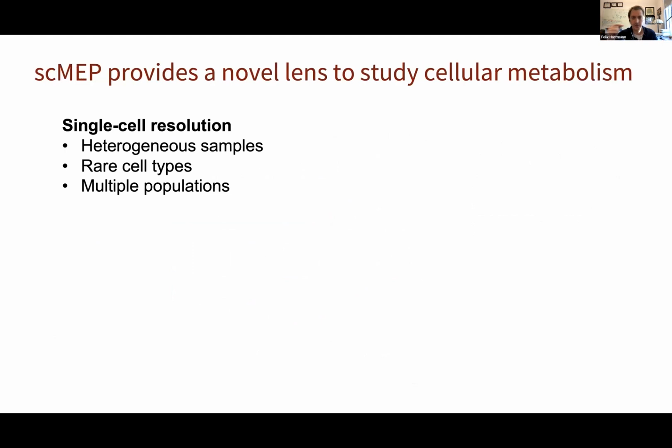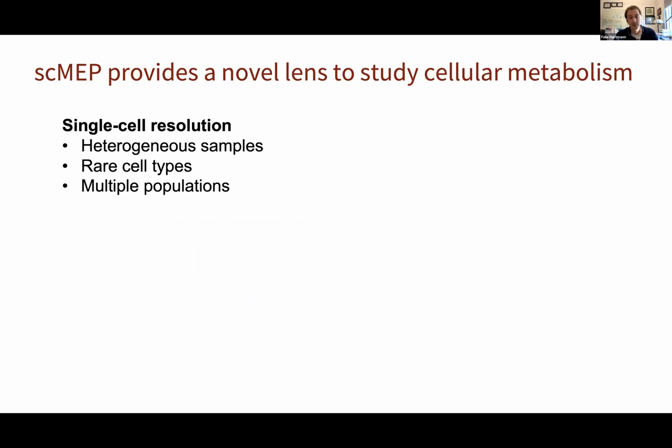Yes, so just to sum up, I think this CMAP approach provides us with a novel lens to study cell metabolism, in addition to other bulk methods that are already out there. This one has, of course, single cell resolution, which allows us to study heterogeneous samples with different cell types, maybe also rare cell types where you would have problems isolating many cells.